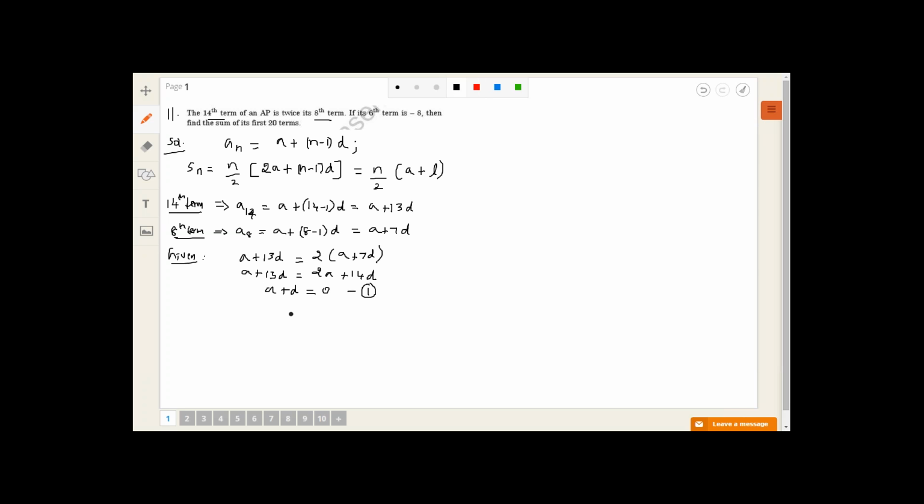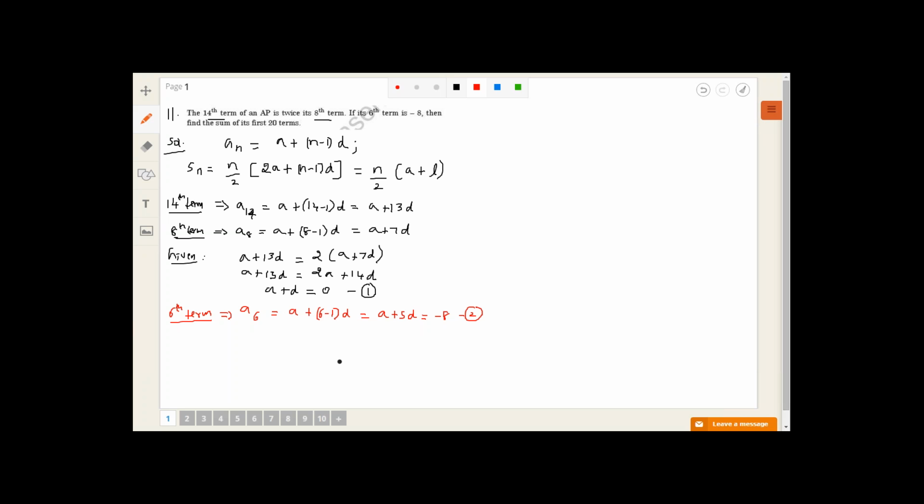Now it says the 6th term is minus 8. The sixth term can be written as a6, that is equal to a plus 6 minus 1 into d, that is equal to a plus 5d, and that is equal to minus 8.